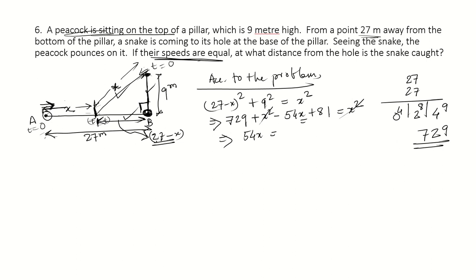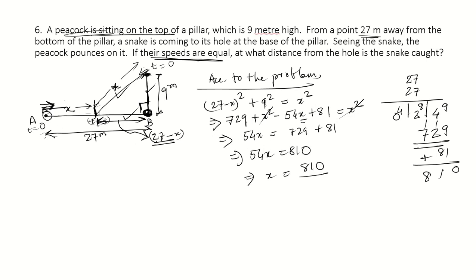If we take 54x to the other side, we get 729 plus 81. So let's see what is 729 plus 81. It's 810. So 54x equals 810, which is 810 divided by 54.